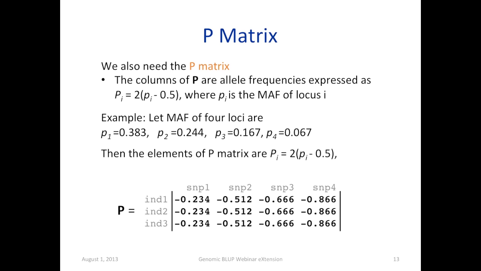So let's say the minor allele frequencies of 4 loci are given: P sub 1 is 0.383, and the other minor allele frequencies for the given loci are given here. So we can use those minor allele frequencies, P sub 1, P sub 2, P sub 3, and P sub 4, and then we can calculate the elements of the P matrix. It's very simple matrix algebra, and the result is given at the bottom, the P matrix.